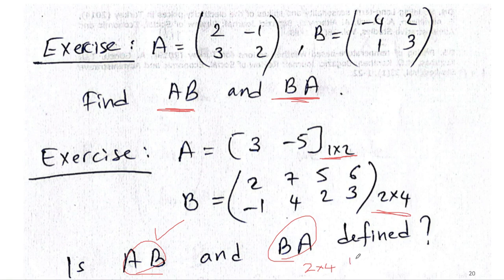So that means actually B times A is not defined. But A times B, it is defined, right? So it's not the same. A times B and B times A are not the same thing. They are quite different from each other.